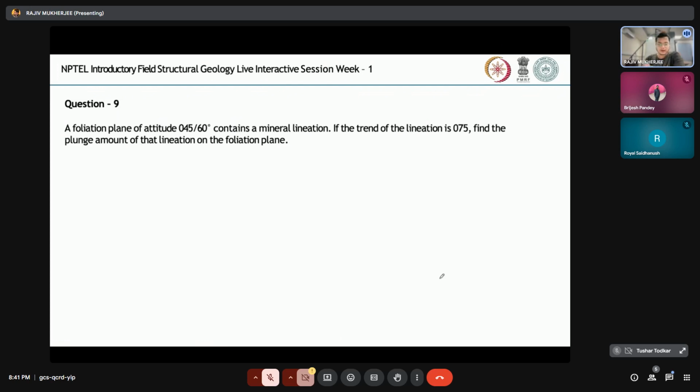So we will now solve some algebraic problems. So these are not stereonet problems, but rather you can apply some algebraic formula, trigonometric formula to actually calculate pitch, plunge, the dip, apparent dip, strike, trend, bearing, whatever. So these kind of structural attributes will be easier to calculate.